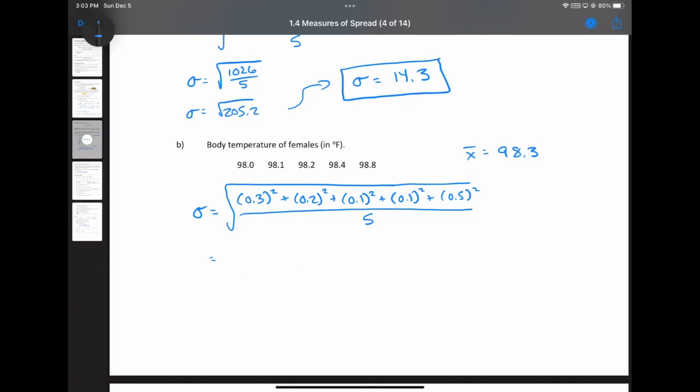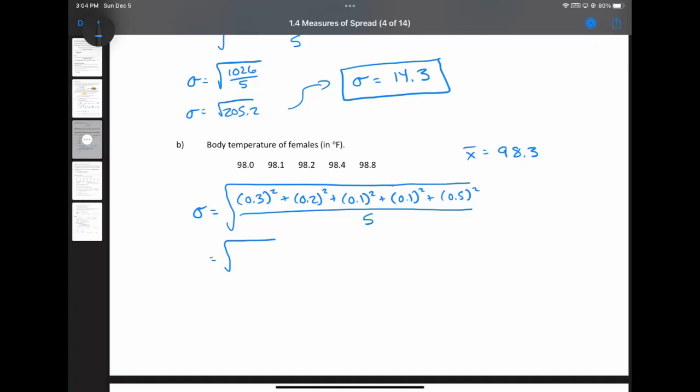Okay, so I'm going to punch this number into my calculator, and I'm going to do this all at once for this one. 0.3 squared plus 0.2 squared plus 0.1 squared plus 0.1 squared plus 0.5 squared equals, you know what, actually I'm going to write down some more numbers just because if anyone's looking back and they want to verify what I did, they can, especially if I make a mistake, which is always possible.